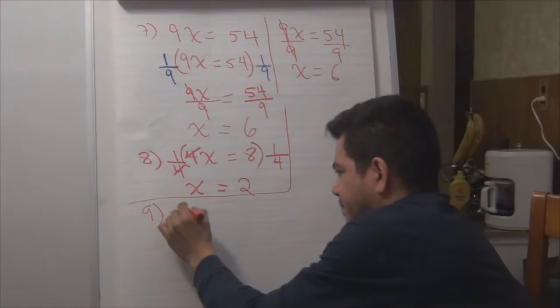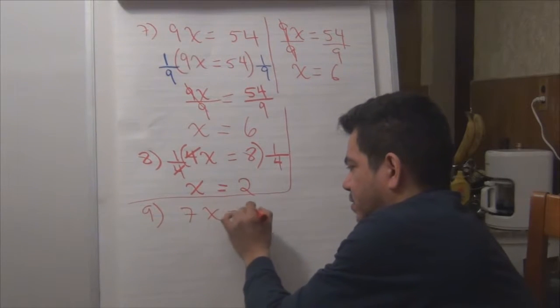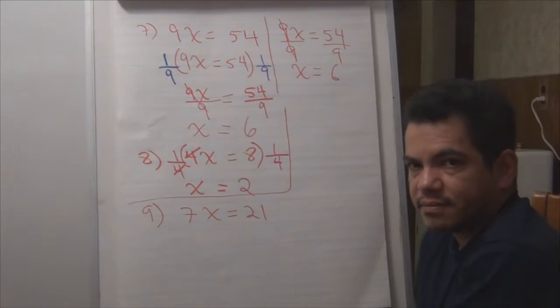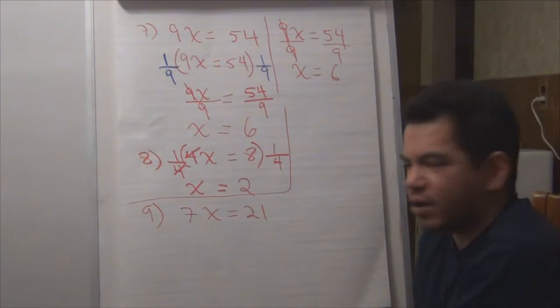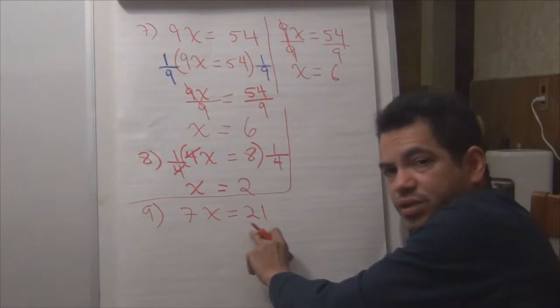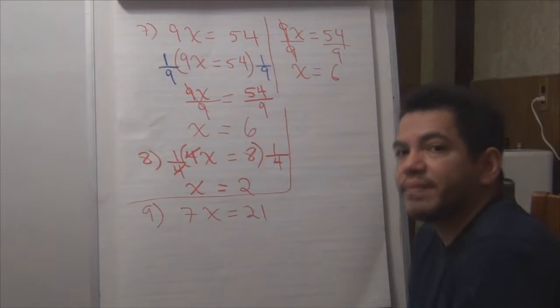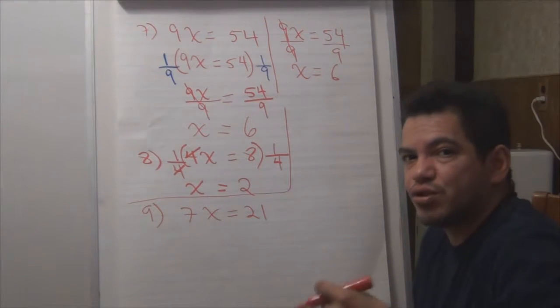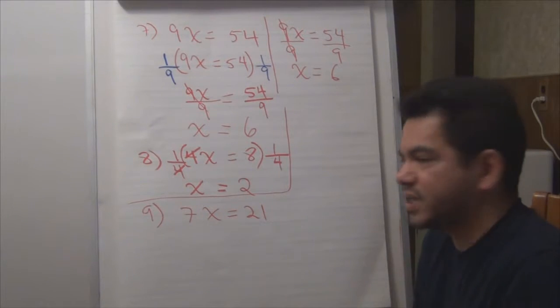Alright, 7x equals 21. Okay, 7 is multiplying the x. By now you should know that, okay, yeah, let's undo the multiplication with a division by 7, divide both sides by 7, x is 3. Yes, I get it. But for the purposes being, we still need to use the multiplicative inverse until you become acquainted.